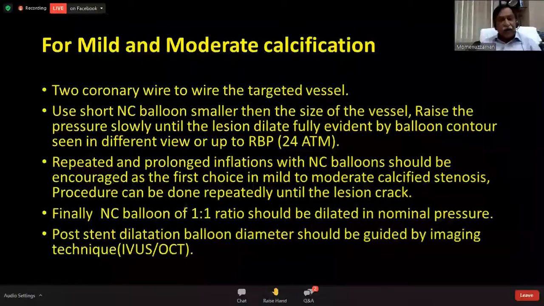Repeat and prolonged inflation with an NC balloon should be encouraged as the first choice in mild to moderate calcific lesions. The procedure can be done repeatedly until the lesion is cracked. Finally, a 1:1 non-compliant balloon should be used to dilate the vessel to the normal diameter, and post-dilatation should be done on the basis of your angiogram or intravascular ultrasound measurement.